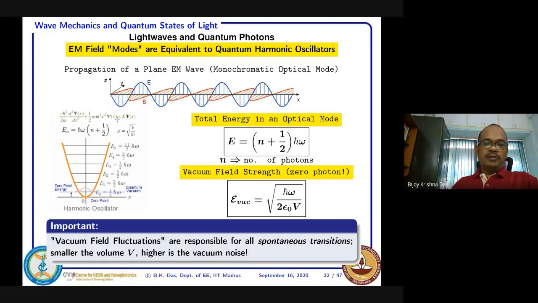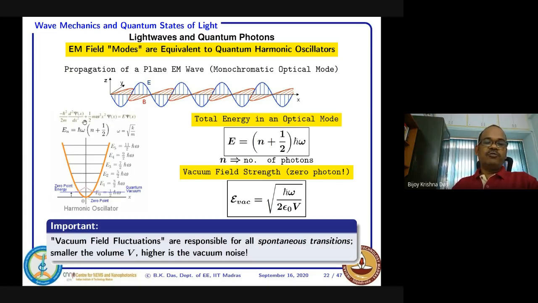I will derive this equation also in course of time. If you solve it, then you can find the solution for the energy of that quantum particle. Specifically, if it is in a parabolic potential, its motion can be represented by the motion of a harmonic oscillator, since it is quantum mechanics.